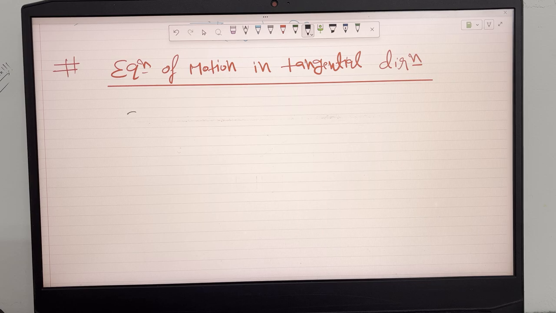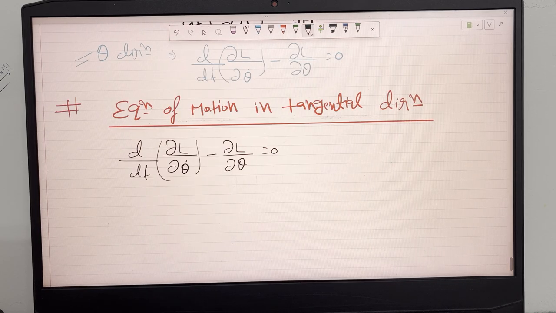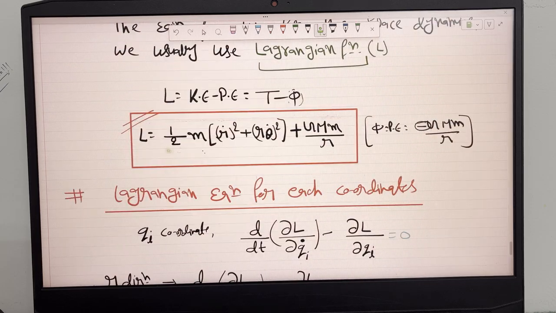So we know that d by dt of dou L by dou theta dot, minus dou L by dou theta is equal to 0. Fine. So we have to write this. So d by dt of dou by dou theta dot, you have to write the whole L. This L is nothing but this one. So we have to write it. So let me copy.